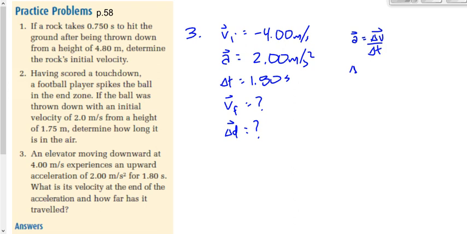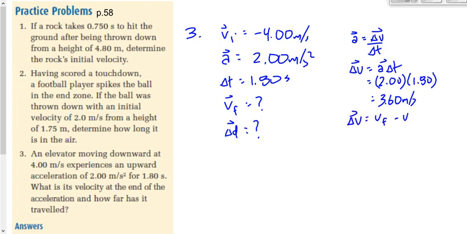Solving for VF, going to rearrange that first to solve for delta V. A is 2.00, and delta T is 1.80 seconds. So that's going to give me 3.60 meters per second. Now, if I want to solve for VF, I got to remember that delta V is VF minus VI.